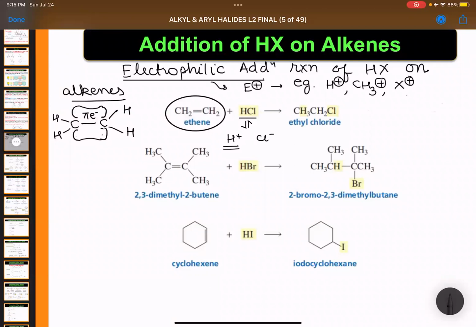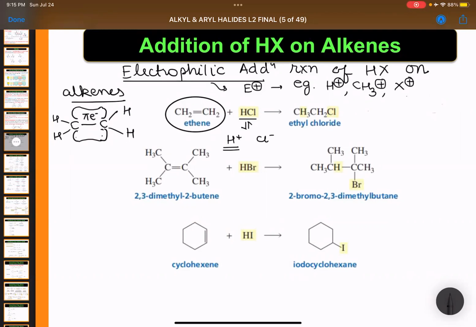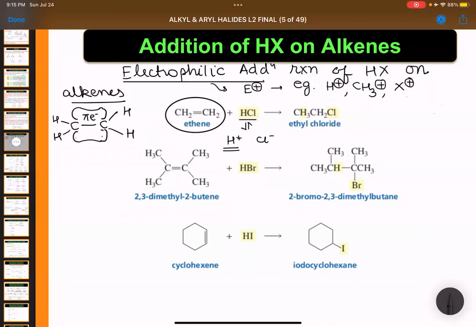It is the H plus which can come and join this pi electron cloud. It cannot be Cl minus. The reason is that Cl minus is electron rich, and it already has a lot of electrons.